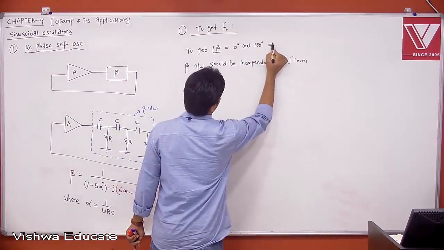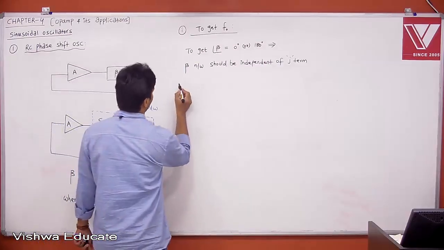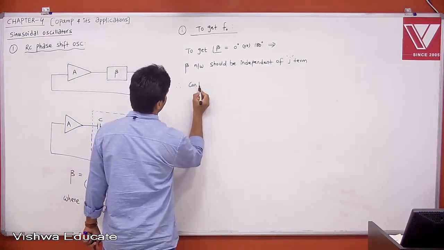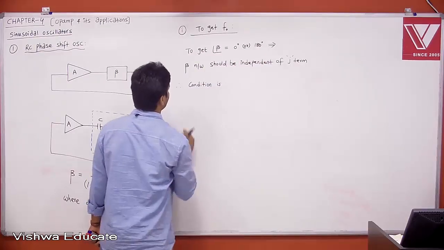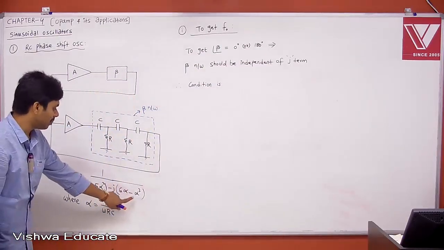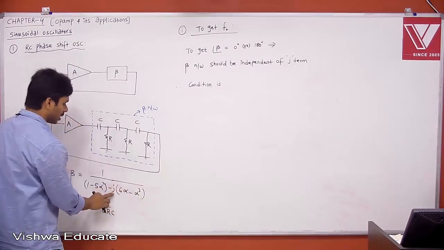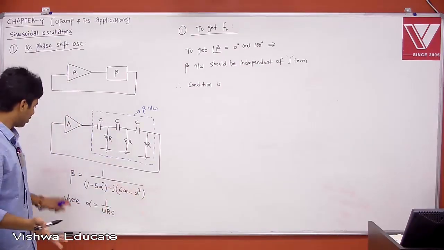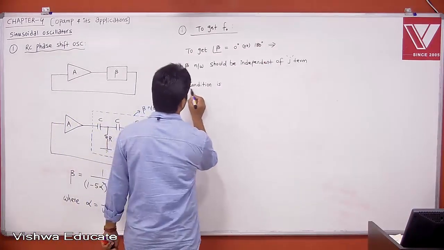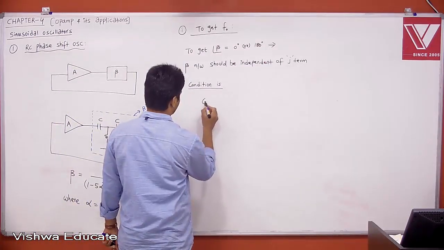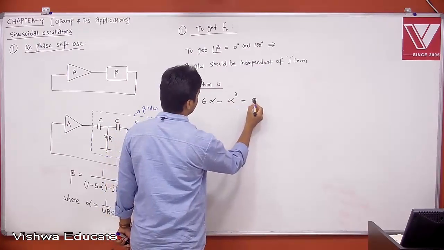Now, what is the condition? 6 alpha minus alpha cube should be 0. If 6 alpha minus alpha cube is equal to 0, the j term is not there. Therefore, your beta network will be independent of j. That is what we need. Therefore, the condition is 6 alpha minus alpha cube is equal to 0.